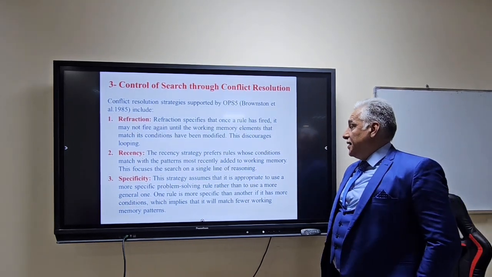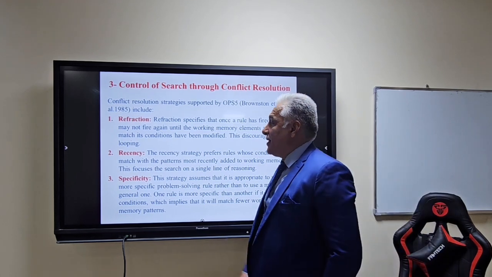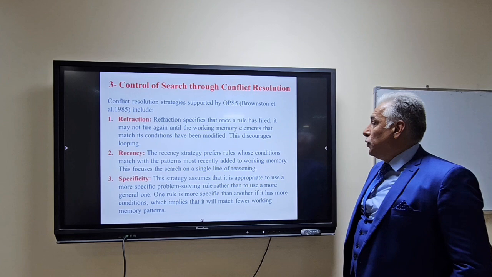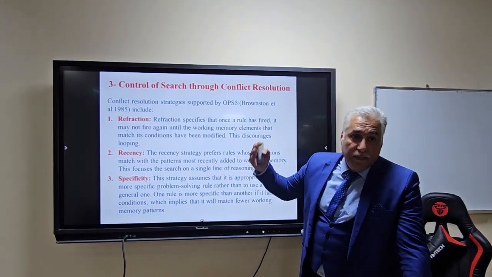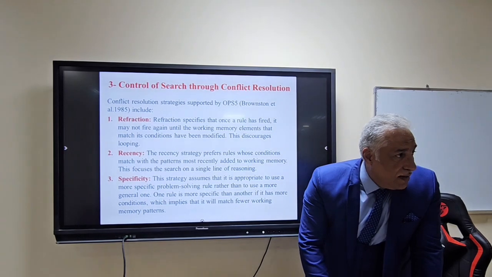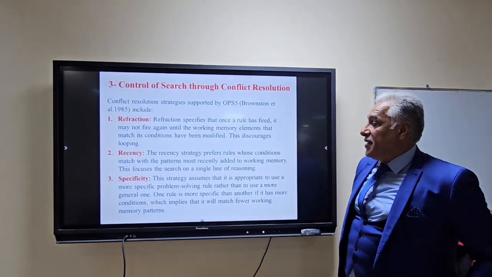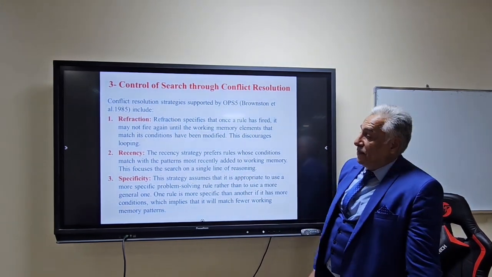This discourages looping. Another is recency. The recency strategy prefers rules whose conditions match the parts of working memory most recently added. Whichever was added first will be implemented to working memory. This focuses the search on a single line of reasoning.